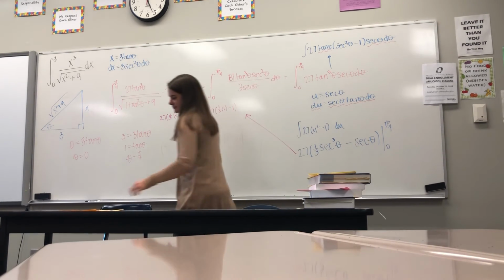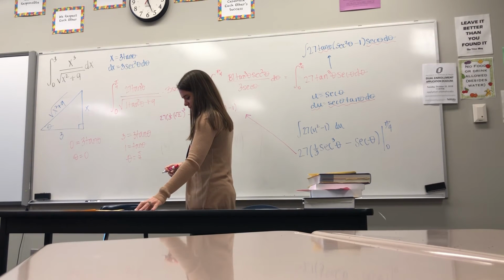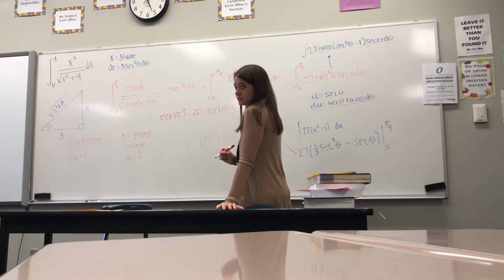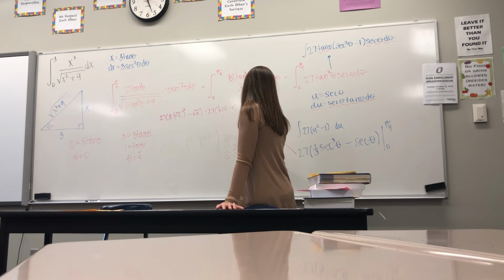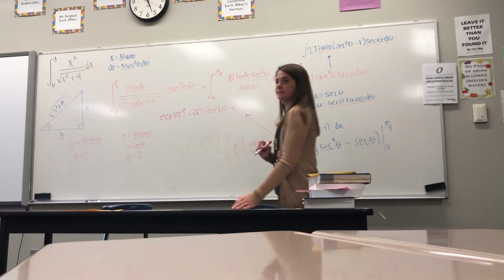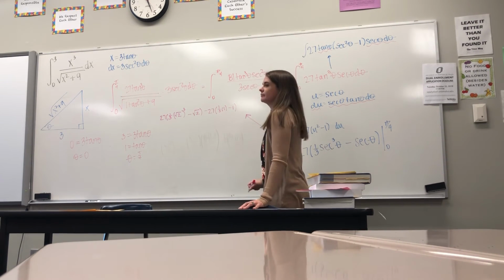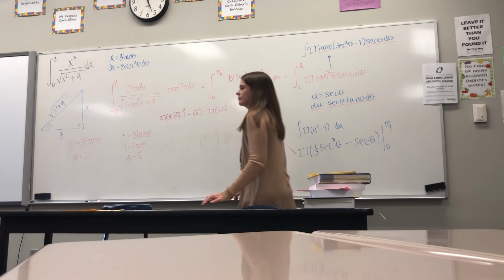Would we just leave it like that? No. Wait, so why is it not 2 over radical 2? It is. Tangent theta is supposed to be 1 over radical 2. We make it rational by multiplying the top and bottom by radical 2.